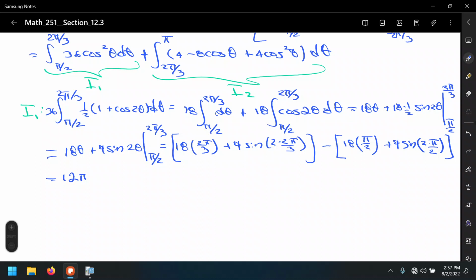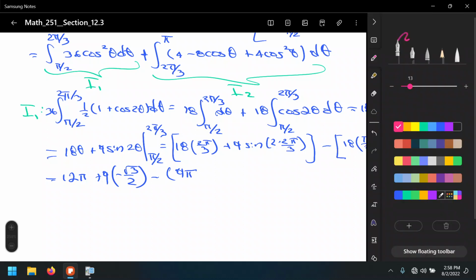Well, I think I have something different. It's opposite over hypotenuse, negative root of 3 over 2. So plus 9 times negative root of 3 over 2. And then minus 18 over 2, that's 9, so that's minus 9 pi.